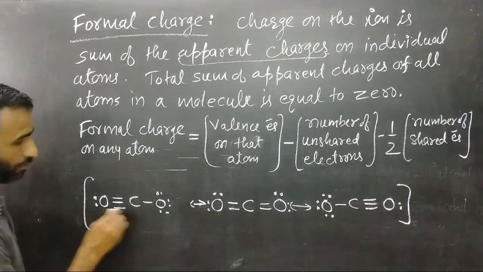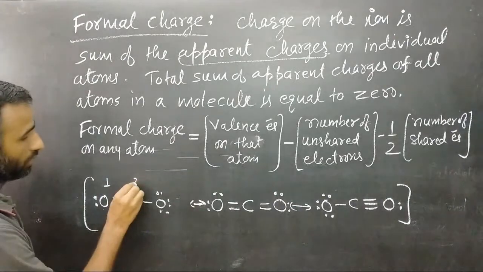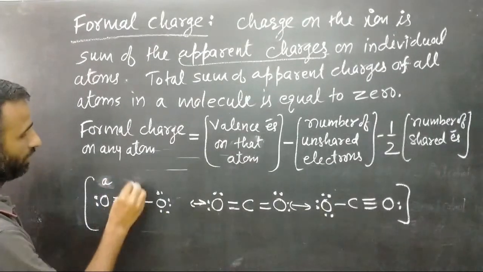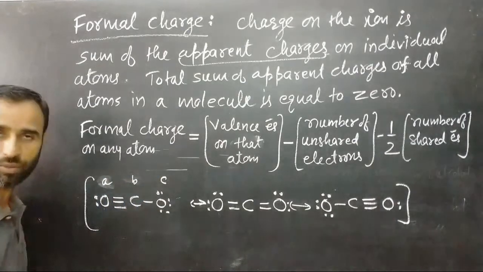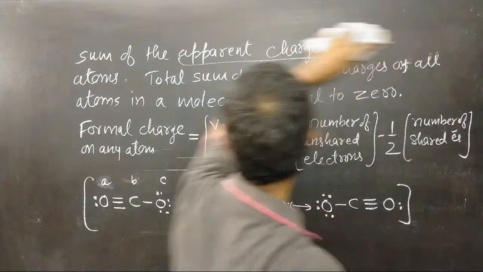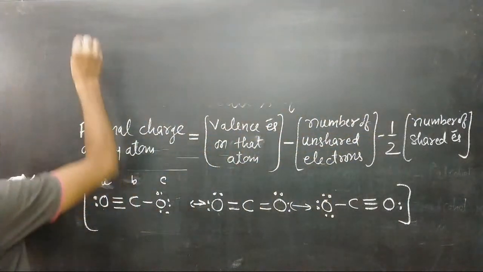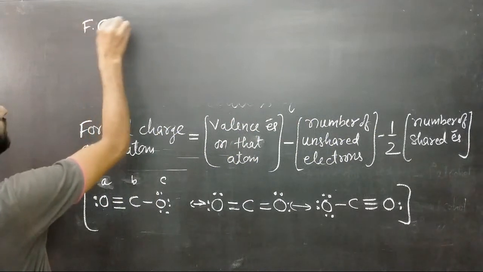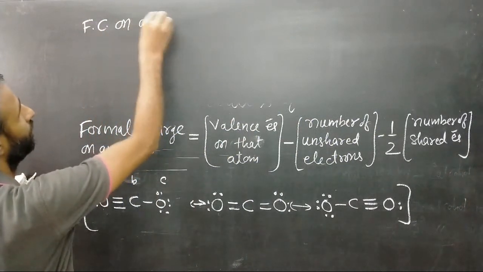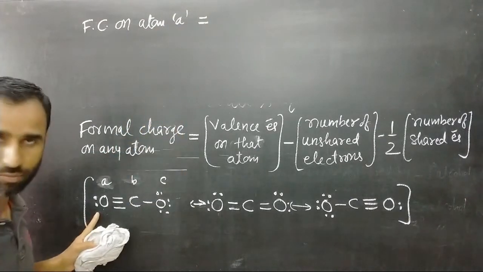Let us take example of CO2, 1, 2 and 3, or you can write A, B and C. So formal charge on atom A, oxygen atom.